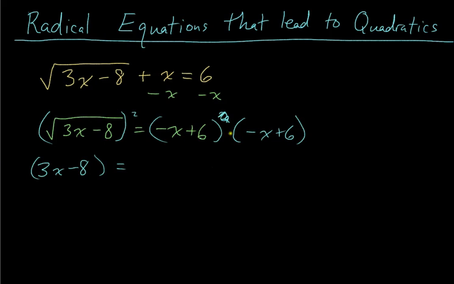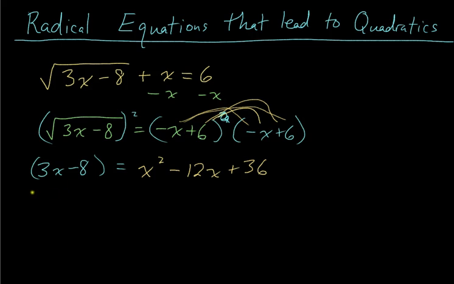But remember, when you square a binomial, you really have to do FOIL. So I've got negative x times negative x is positive x squared. Negative x times 6 is minus 6x. Another minus 6x makes a minus 12x. And then 6 times 6 is 36.